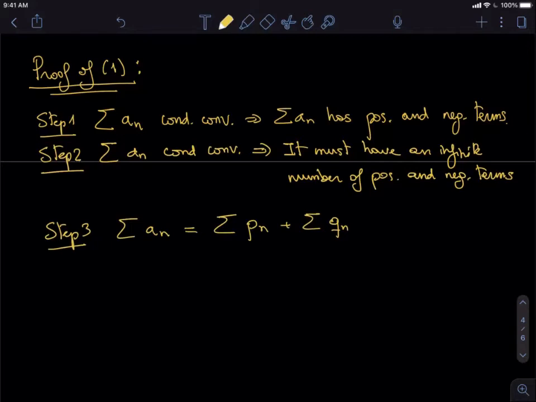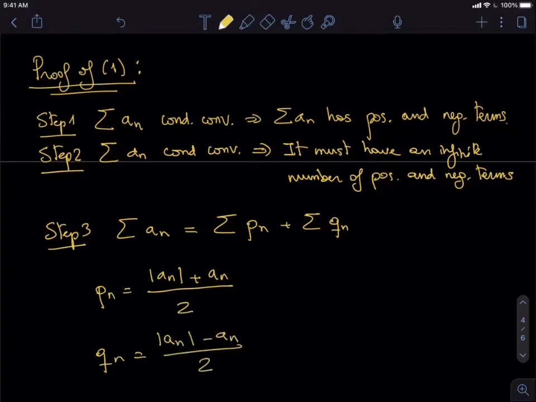What we want to also do is keep track of where in the series each term appears. So in order to keep track of that, we are going to define P_n as (|a_n| + a_n)/2, and Q_n as the difference, (a_n - |a_n|)/2.